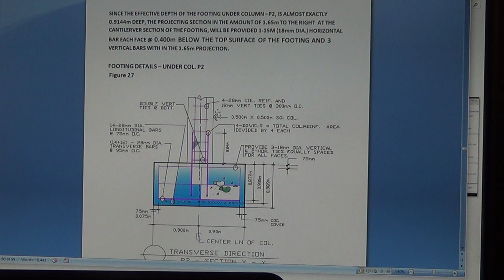Alright, so 4 dowels minimum for a square column. For a rectangular column, the minimum reinforcement is 6. I used a square column here. It's 500, I think, by 500.